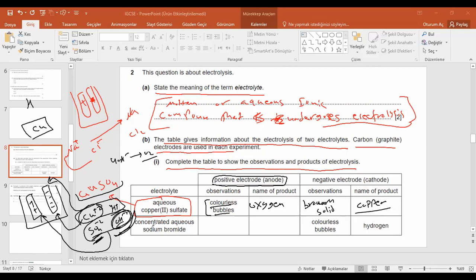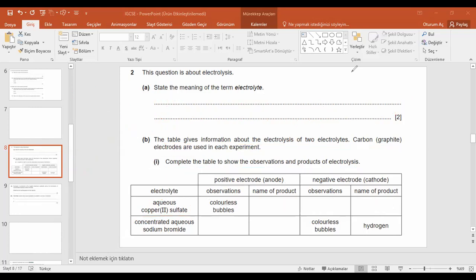But we have another thing here. Concentrated sodium bromide. Guys, it is NaBr aqueous. So we have Na+, Br-, and we have OH- and H+. Quickly, which one of these will be attracted to the anode?